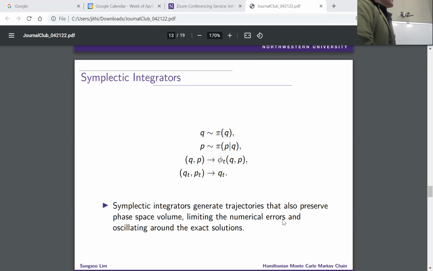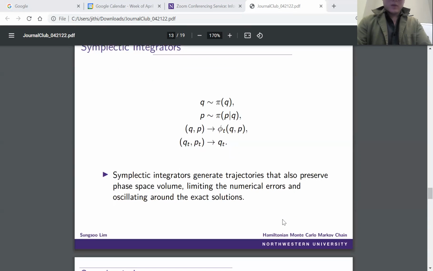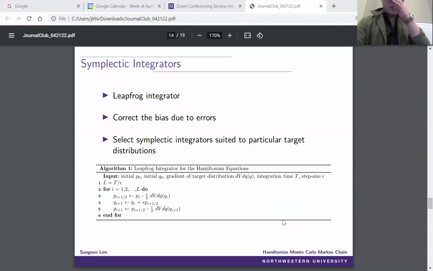For the integration steps, people normally use what are called symplectic integrators. These also preserve the phase space volume, which limits the numerical errors, and the numerical solutions normally oscillate around the exact solutions. One popular choice for this numerical integrator is the leapfrog, but there is still bias due to errors that can come about.